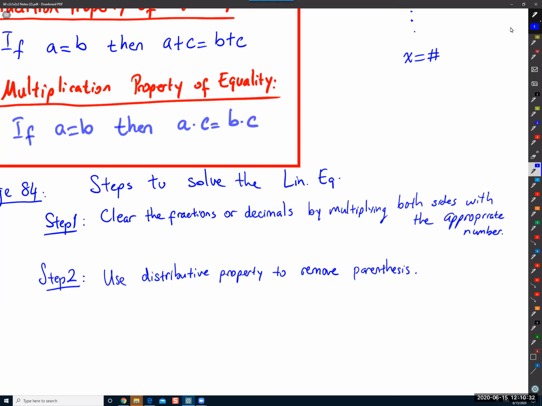Step 3: once you clear the parentheses, or like sometimes I say, clear the parentheses, I use that term a lot, combine like terms.